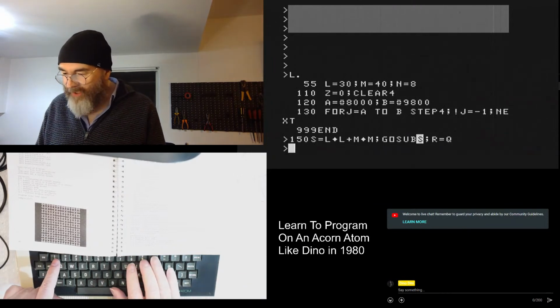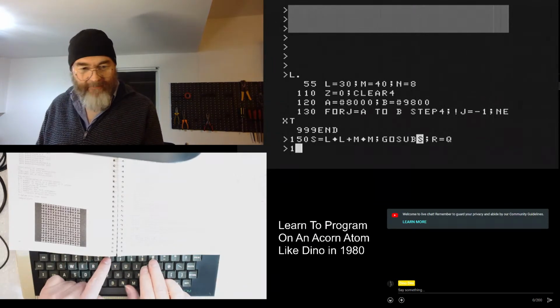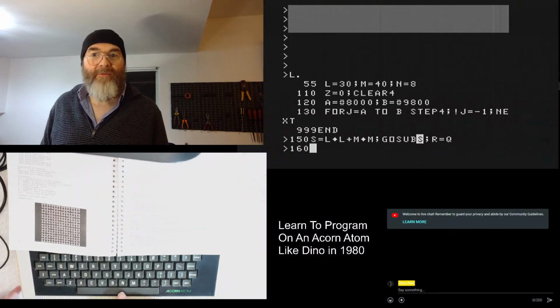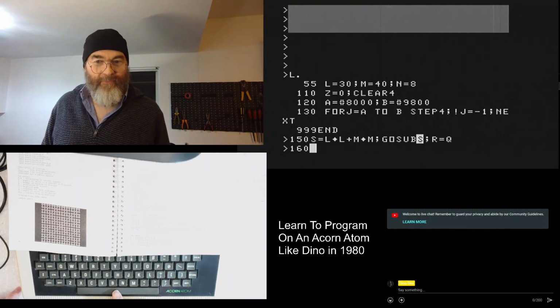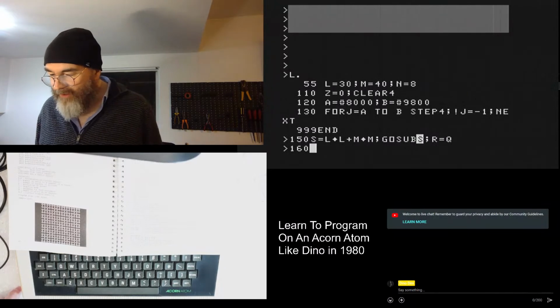And we're going to do line 160, yeah, line 160.